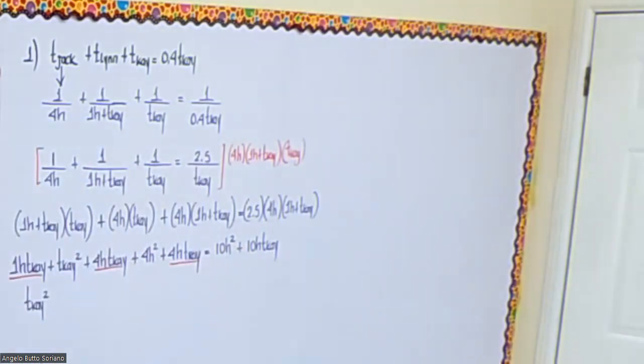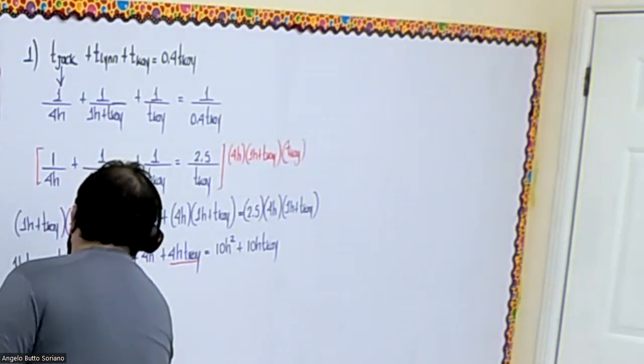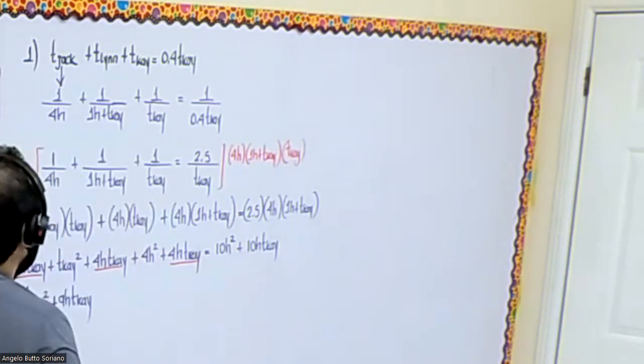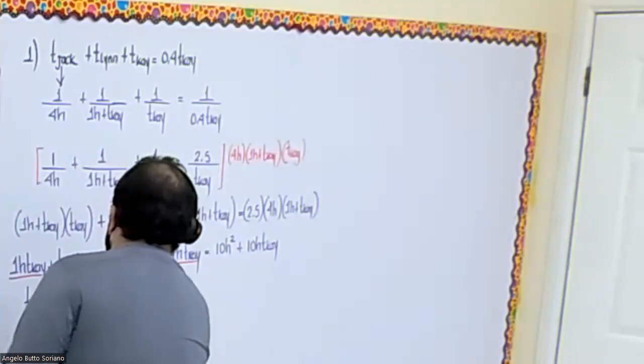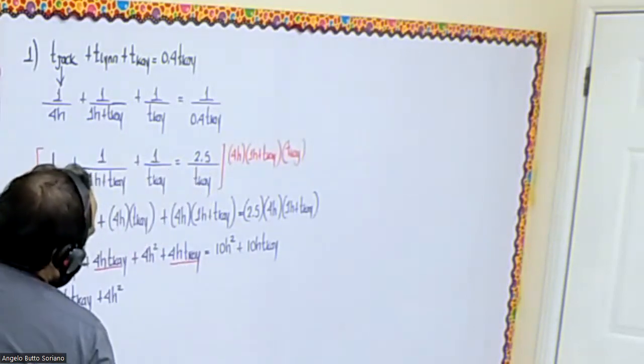Yes or no? So 1 plus 4 will be 5, so 5 hours period of time of chi. What else? Well, there's nothing we can do. We got only plus 4 hours square power.